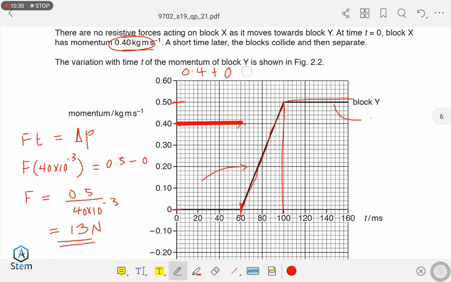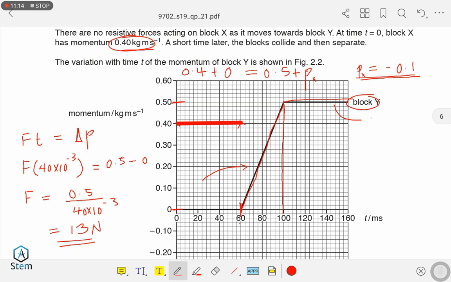The momentum at the end is equal to 0.5 from block Y on the diagram there, plus the new momentum of X. So let's just call it Px. If we shuffle our values around, we are going to see that Px is equal to minus 0.1 kg meters per second.